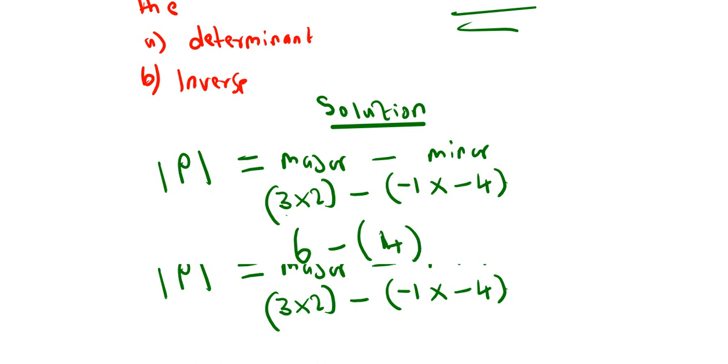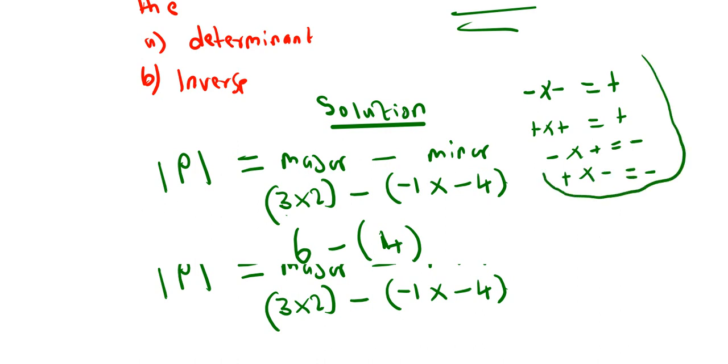Because in the sign table, negative multiplied by negative is positive, and positive multiplied by positive is positive. But negative multiplied by positive is negative, and positive multiplied by negative is always negative.